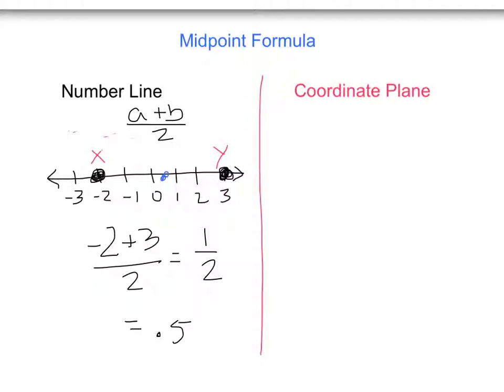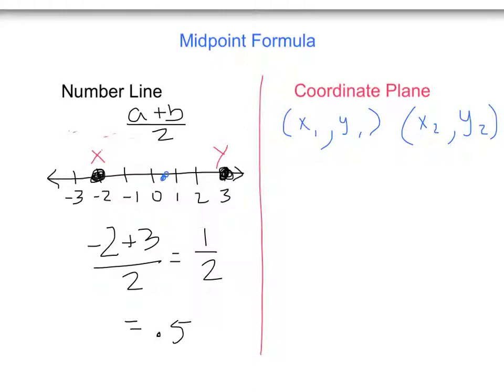Now on the coordinate plane, it's a little bit more difficult. Actually, but not really. It's just 2 extra steps. What we have are 2 points. One point we're going to call x1, comma, y1. That's our first point. And the other point is x2, y2, because it's our second point.